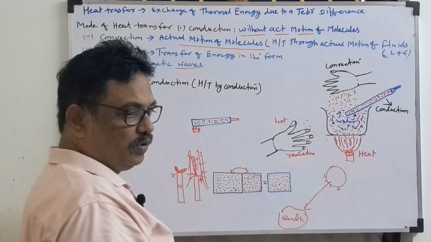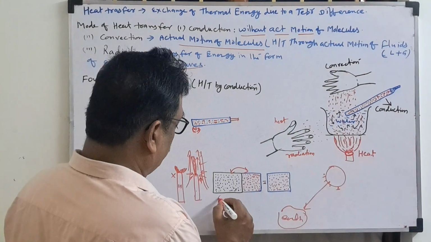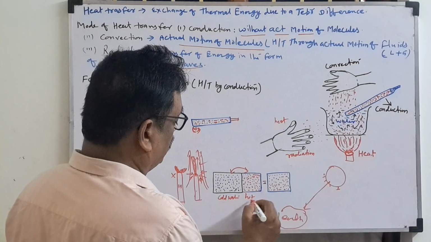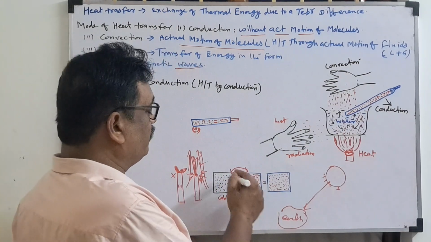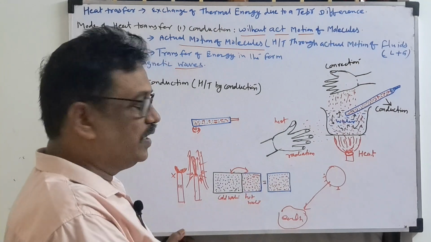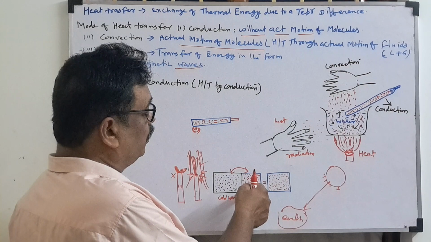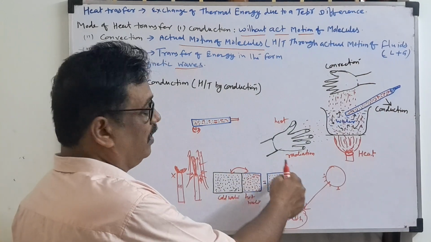Suppose one more thing. Suppose this is cold water and this is hot water. Put in contact together. What will happen after some time? Heat transfer will take place. That means one will gain heat, the other will lose heat. Finally, all molecules will get heated.